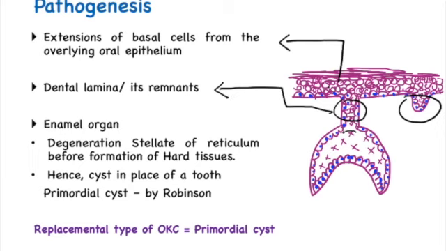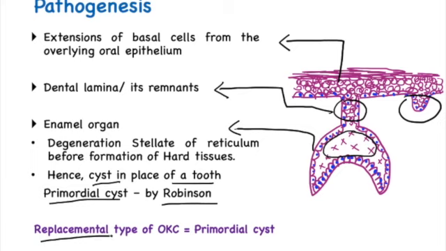This OKC can also occur because of the degeneration of the stellate reticulum cells in the enamel organ and form a cyst in place of a tooth, which was previously known as primordial cyst, coined by Robinson. Now it actually belongs to the replacemental type of OKC. It's not called primordial cyst anymore.